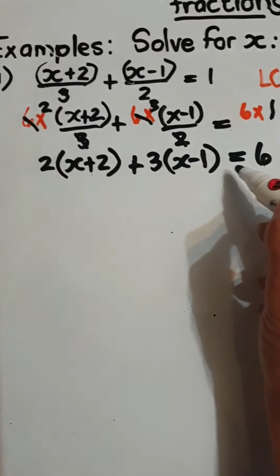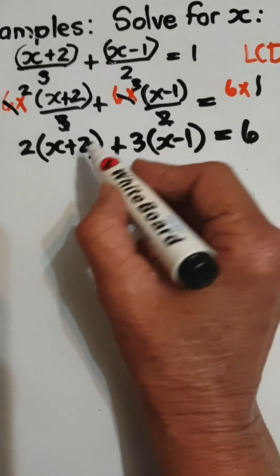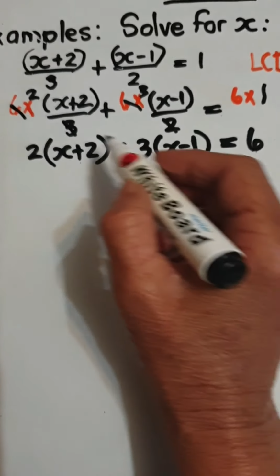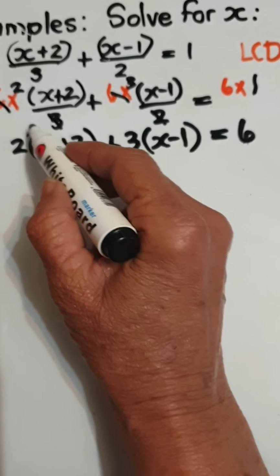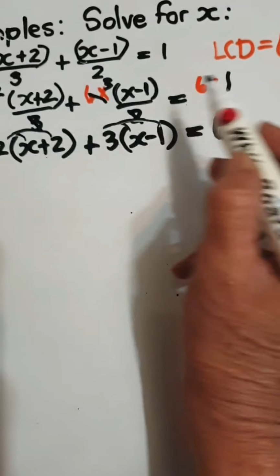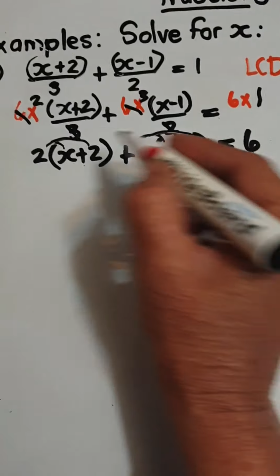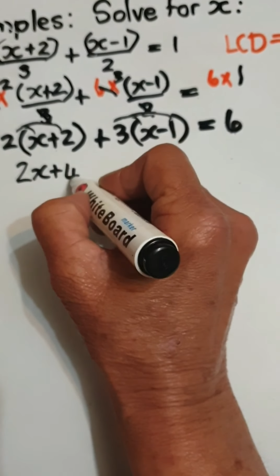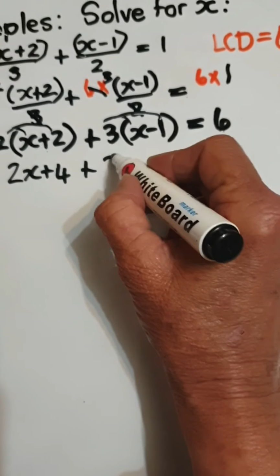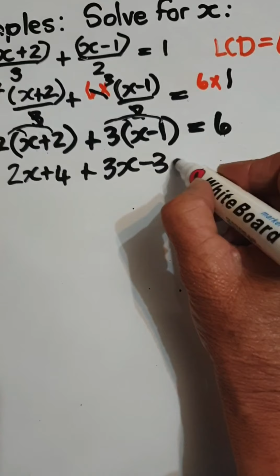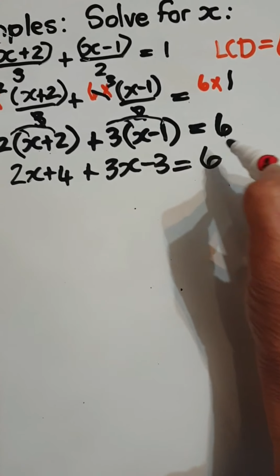So now it's the same as a linear equation. I simplify the expression on the left-hand side by distributing the 2 into the brackets so that I can get rid of the brackets. So that's what I'm going to do now. And I'm going to get 2x plus 4 plus 3x minus 3 is equal to 6.